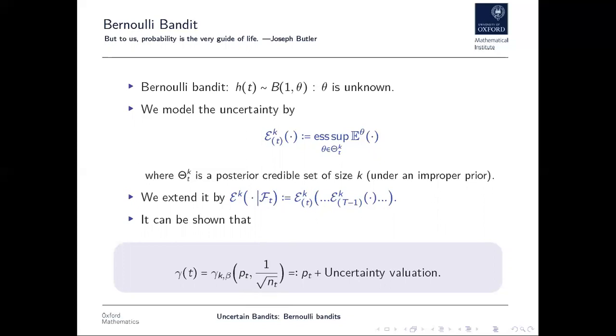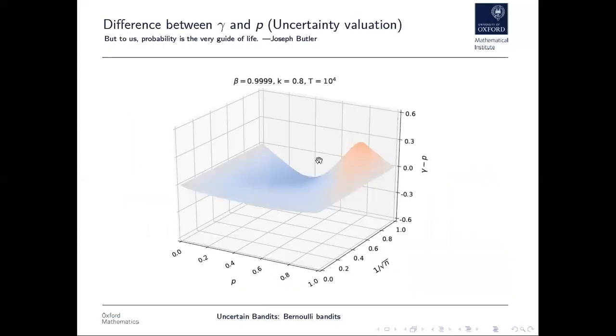Now we ask ourselves, what does it mean for the index to evaluate uncertainty? So we will give a plot between gamma and p to see how we evaluate uncertainty. The plot shows that when beta, which is the discount factor, is 0.99 and k equals 0.8, where we consider the 80% confidence interval, we can see the plot of the difference between gamma and p.